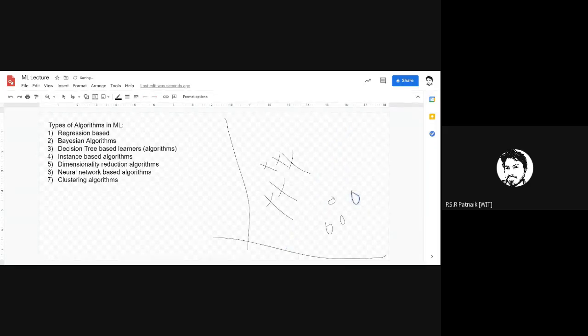For example, if I consider the same points, and let us say this is y, and this is x.